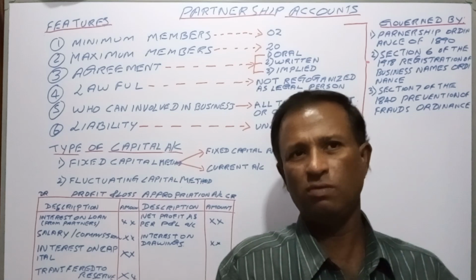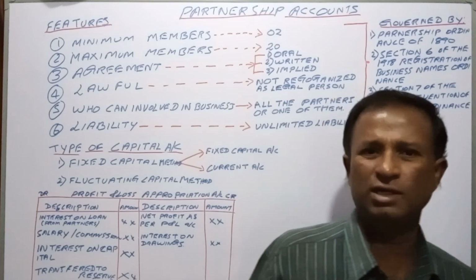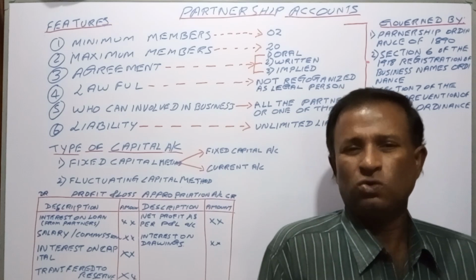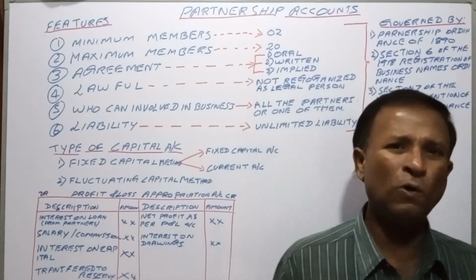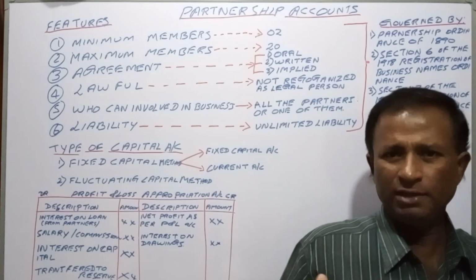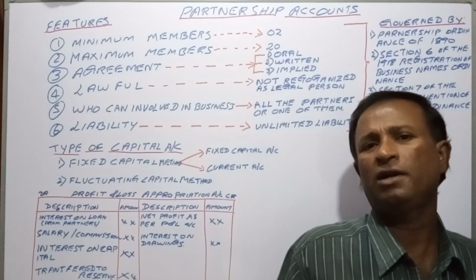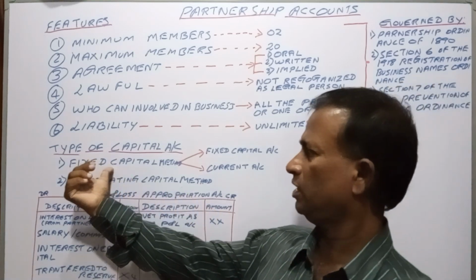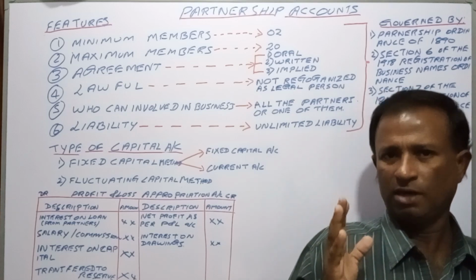The capital balance will show as it is for a long time, maybe for 5 or 10 years, until the partners decide to increase or decrease their capital, or if they want to bring the capital according to the profit sharing ratio. In that situation only, the fixed capital will change.